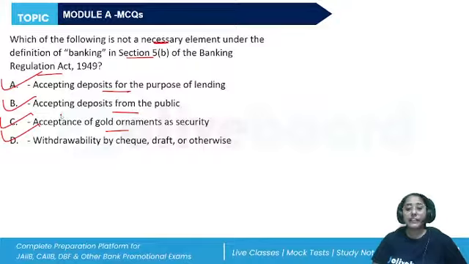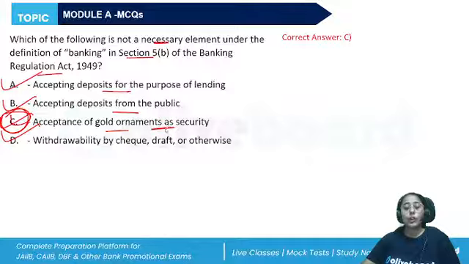Section 5B defines banking as accepting, for the purpose of lending or investing, deposits of money from the public, repayable on demand. So, acceptance of deposits, accepted from the public, withdrawable on demand. The correct answer here should be option C.